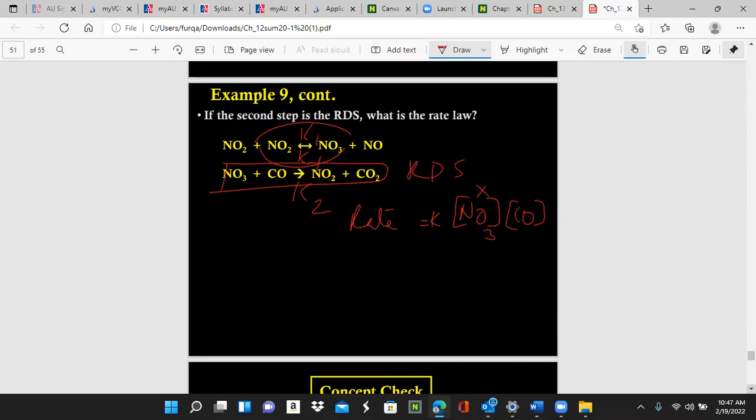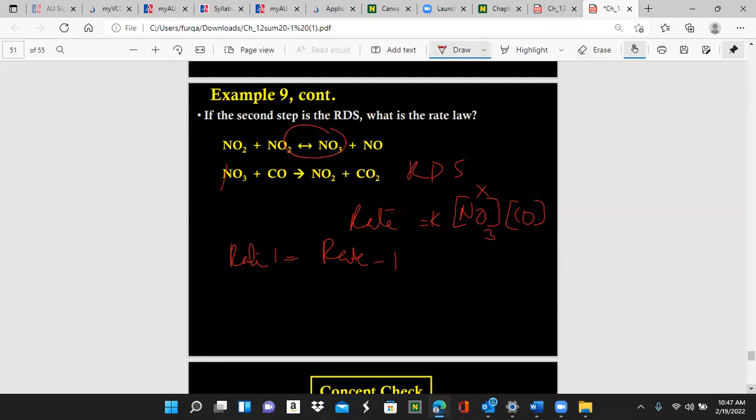And that replacement requires us to play with equation 1. That is where we write rate 1 is equal to rate minus 1. This is for the forward reaction and the reverse reaction that we are talking about here.